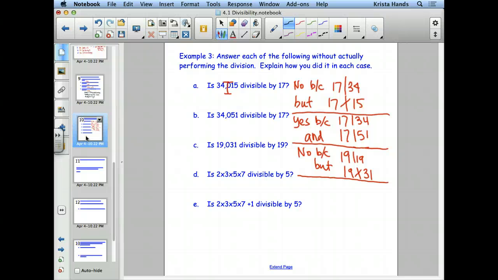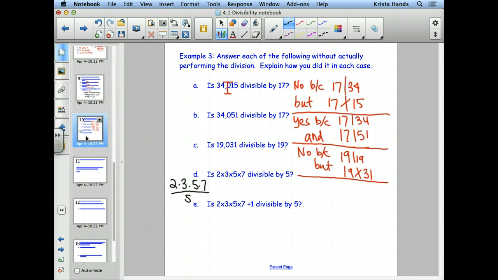So yes, this works. Another way you can think about it is somewhere along the way in probably middle school, you actually worked at sort of factoring things out into their simplest form and writing them on top of each other, like when you were looking at reducing fractions. If you actually had this thing written out as 2 times 3 times 5 times 7 over 5, what would you do?